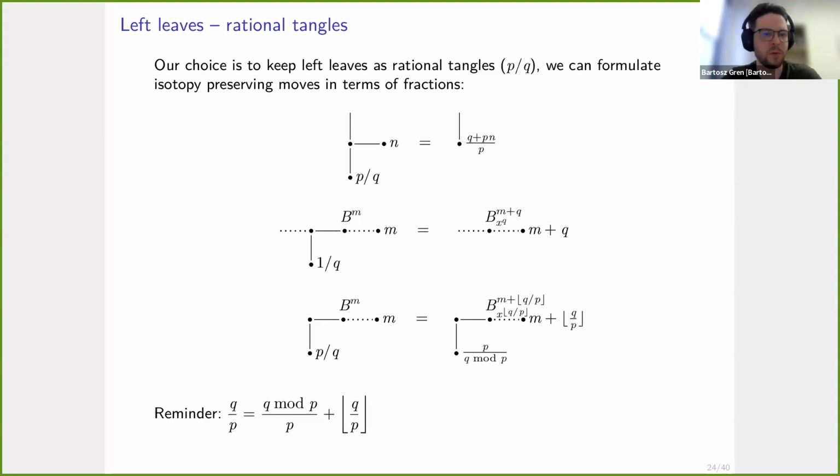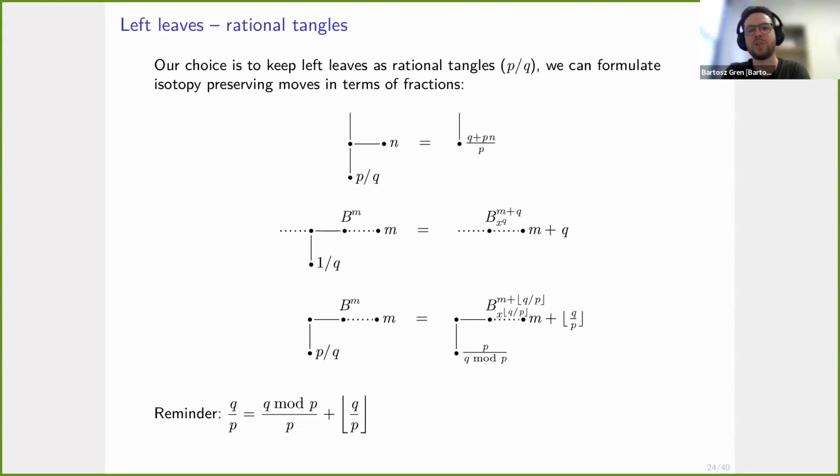It may look complicated now, but actually, if you implement a tangle representation as a binary tree, then these moves are simple, and many different situations can be treated as one.